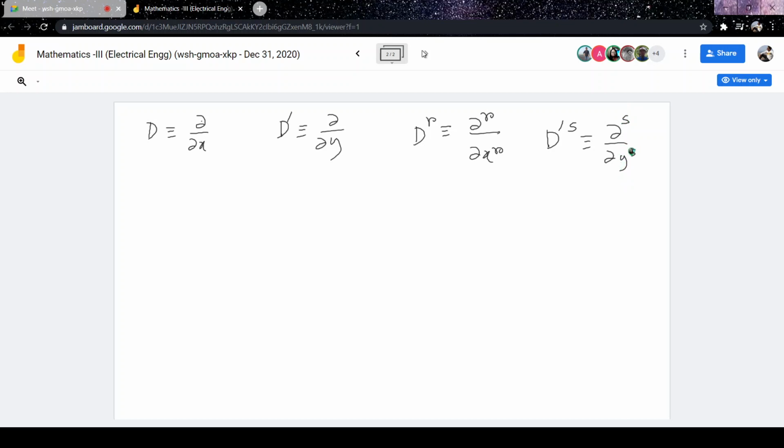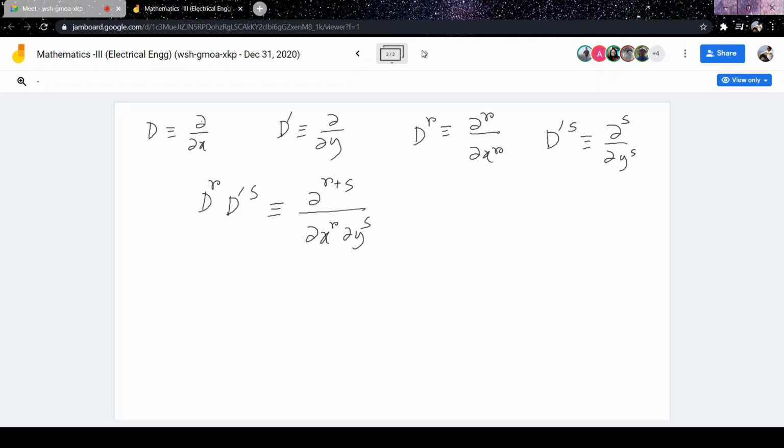Suppose I have a term like this operated on some z, this will be equivalent to this. So these are all notations.